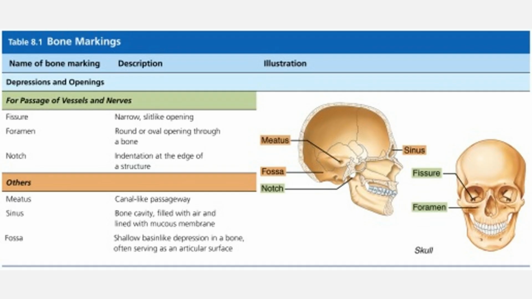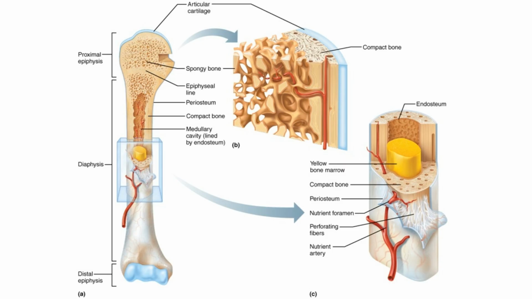Depressions and openings that allow blood vessels and nerves to pass: meatus, fossa, groove, fissure, foramen.